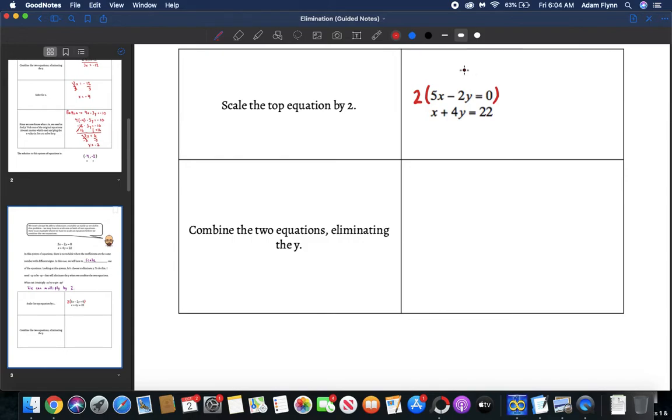So if I rewrite these over here, I will distribute this 2 to everything inside the parentheses. I will have 10x minus 4y equals 0. Just multiplied that 2 by everything. And then I'm not changing this bottom equation, so I'm just going to rewrite it over here.